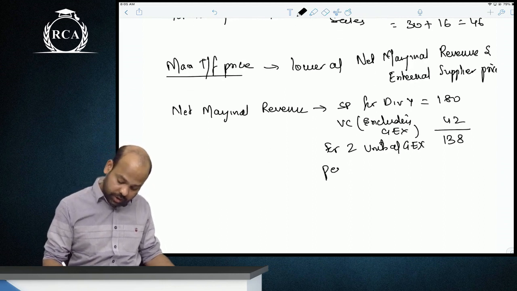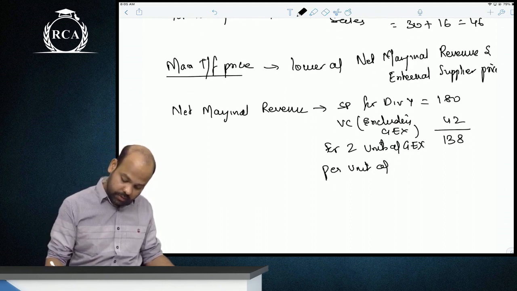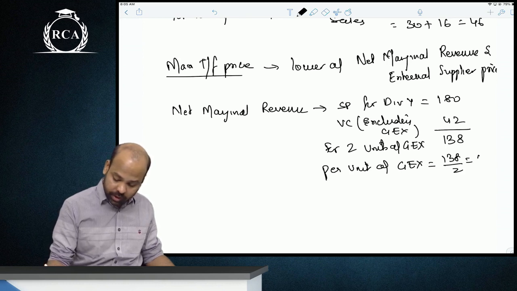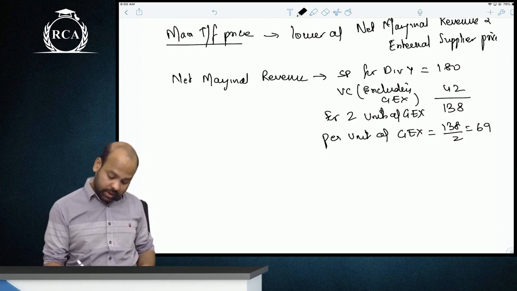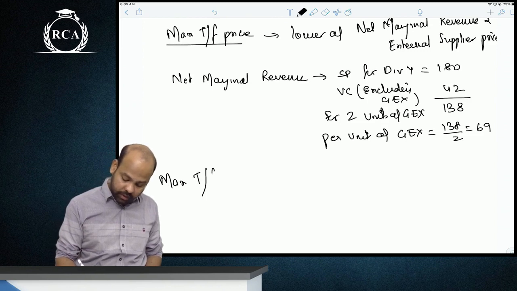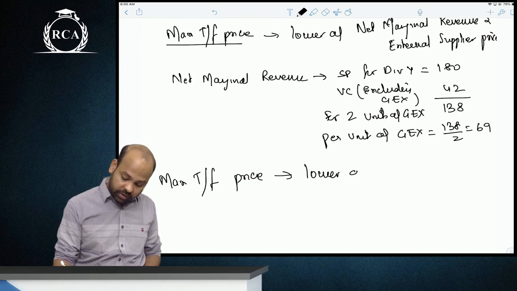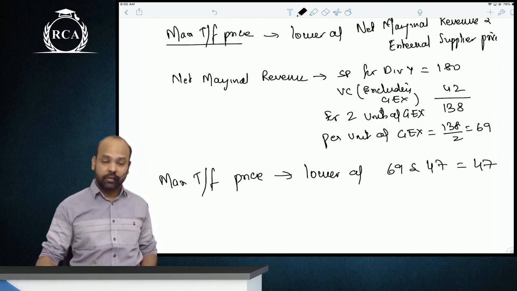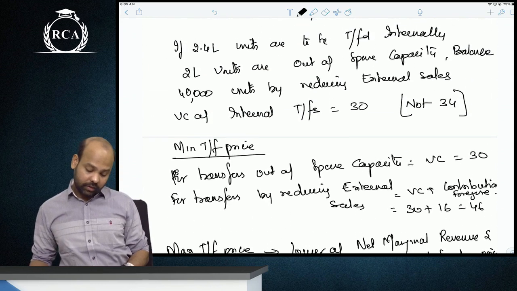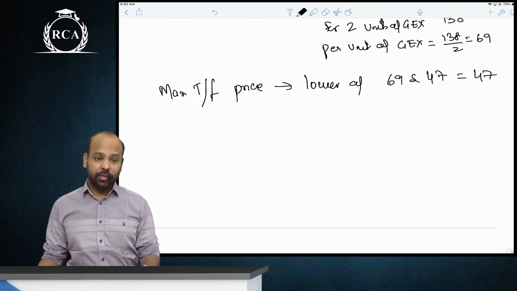Per unit of GEX, it would be 138 divided by 2, which is 69. So if I now write maximum transfer price, it will be the lower of 69, and the external supplier price has come down to 47, so that will be 47. Please understand, guys, it would be 47.